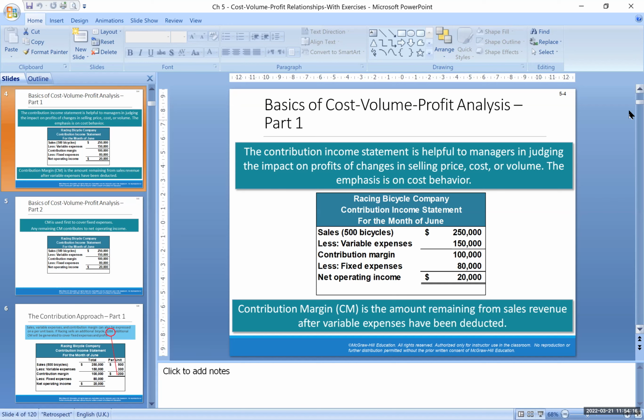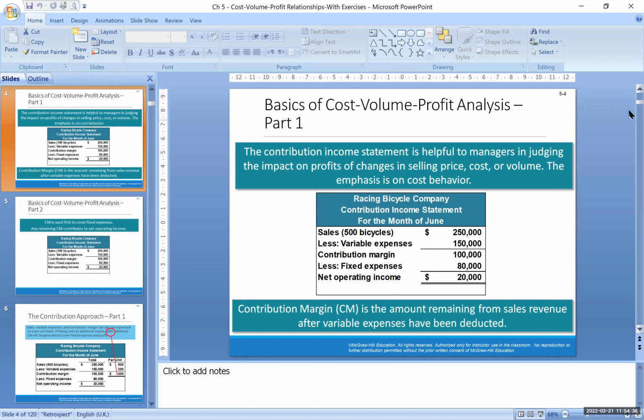So, basics for cost volume profit analysis, part 1. The contribution income statement is helpful to managers in judging the impact on profit of changes in the selling price, costs, or volume. The emphasis is on cost behavior.